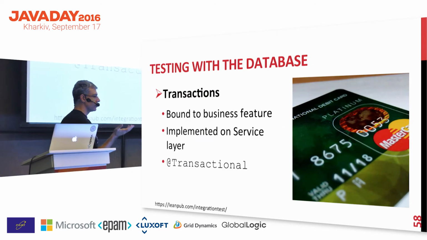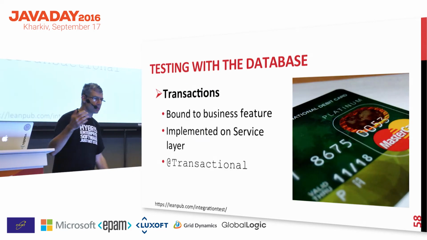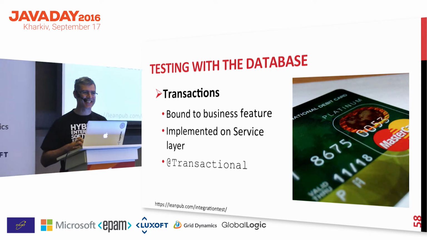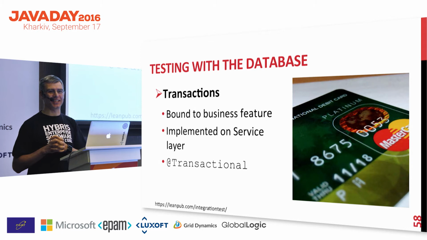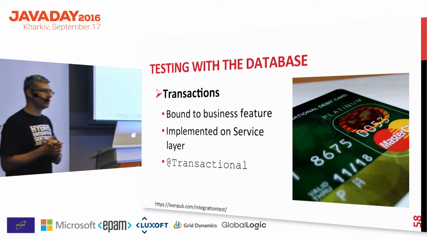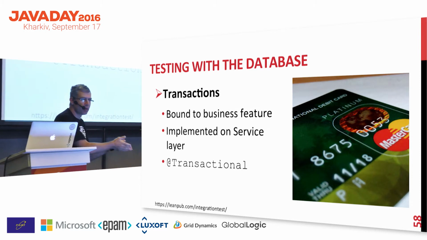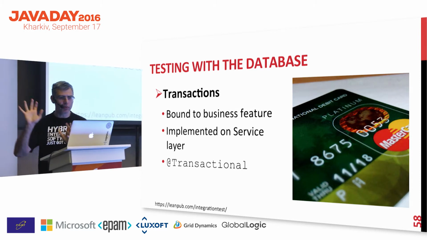Now you might want to test with the database. Of course, you set up the H2 database. You want to test transactions. Developers love transactions, especially when you are junior. When you are more experienced, you understand there is nothing mind-blowing about a transaction, but at first you are very, very afraid.